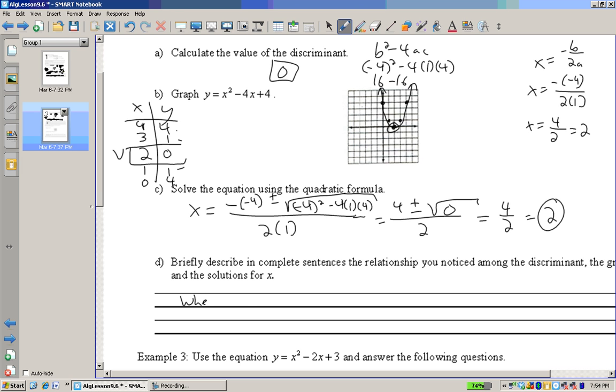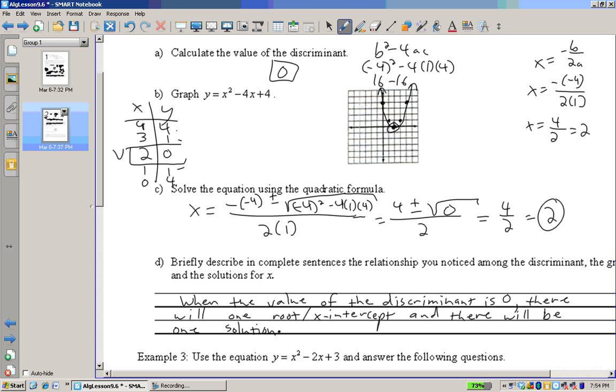So when the value of the discriminant is 0, there will be one root or x-intercept, and there will be one solution.